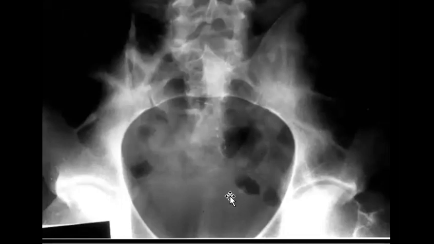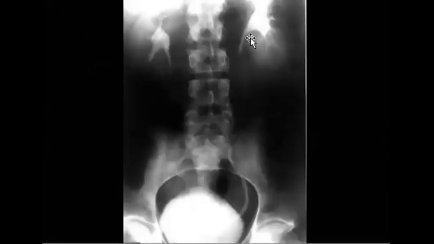So, do you have anything here? Yes, it's simple. You have a stone, and this is what is called persistent holding of contrast, the ureteral contrast column. So when you find this holding compared to the other side, where you don't have this, you imagine that maybe there is a stone here.